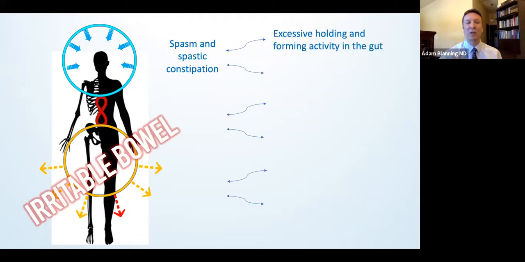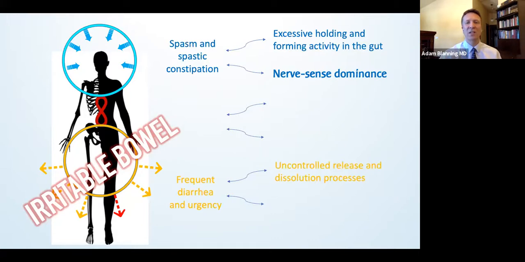We can really think about, in this case, the nerve sense activity, which even though it's mainly in the head, is active through the whole body, that this kind of constricting, forming activity has come too strongly into the gut. And so there's really a nerve sense dominance in what should be primarily a metabolic organ when we have spasm and spastic constipation.